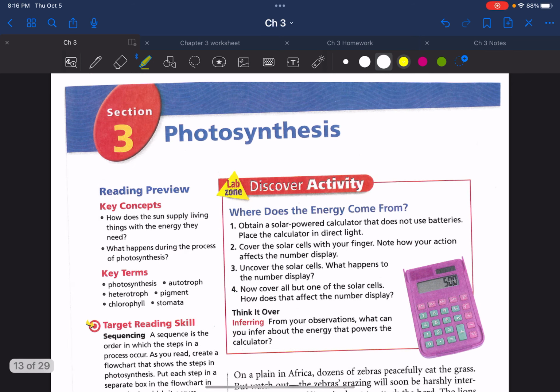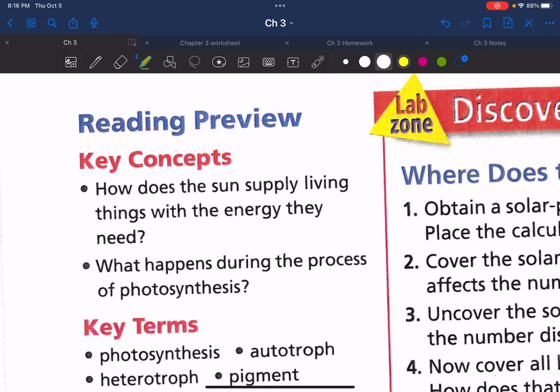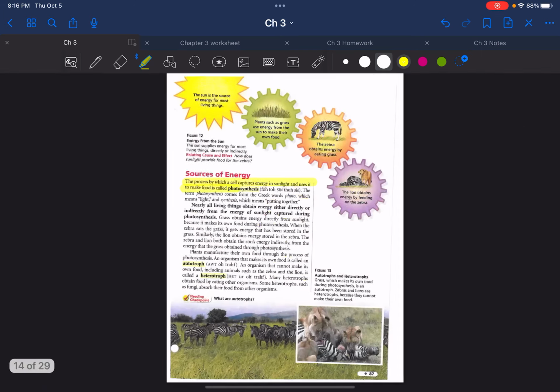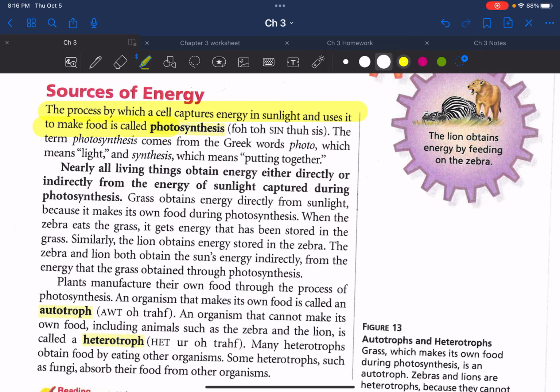That's why I said over here at the beginning that in a way, somehow, we get our energy also from the sun. And here's why I say that. All living things can either get their energy directly or indirectly from the sun. Grass obtains the energy directly from the sunlight because it makes its own food during photosynthesis.